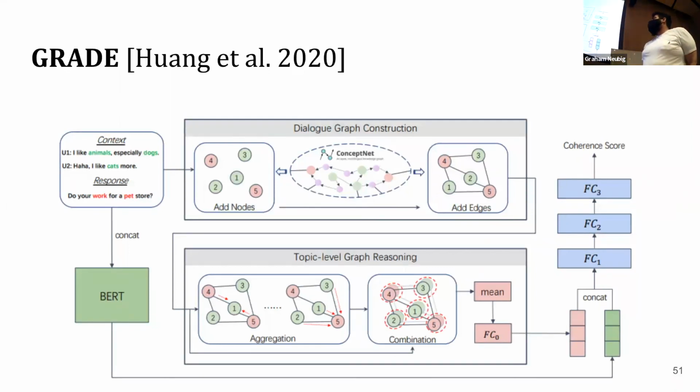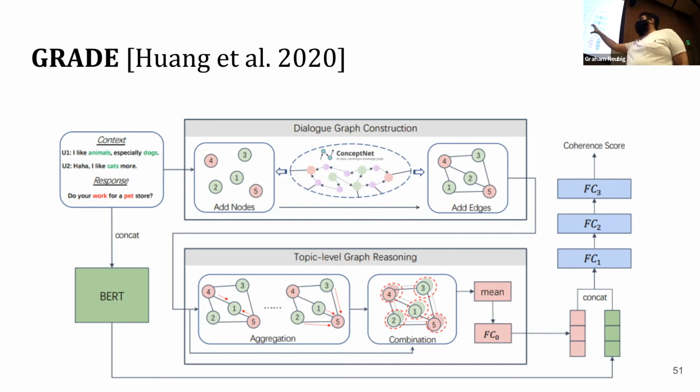GRADE was another one of those early models for dialogue evaluation. GRADE does not model multiple different qualities of dialogue, but the interesting thing that GRADE does is use ConceptNet as a mechanism for generating a graph that maps the topics or keywords used throughout the dialogue. Given the dialogue context and the response, words like cats and pet and so on are all combined into some kind of graph.